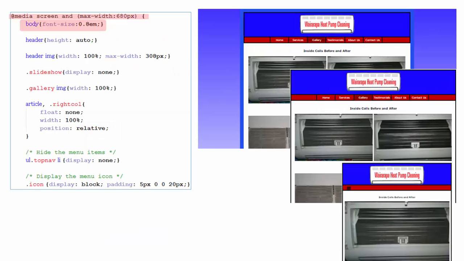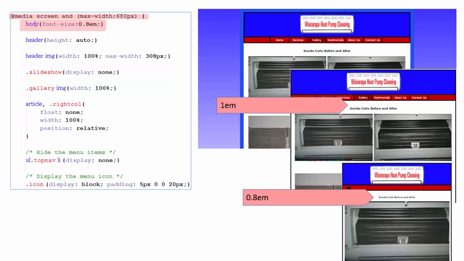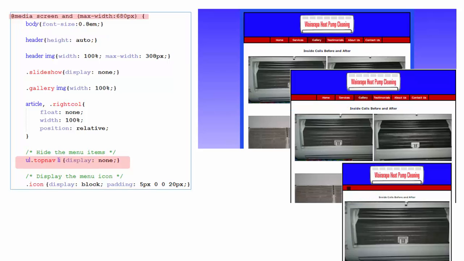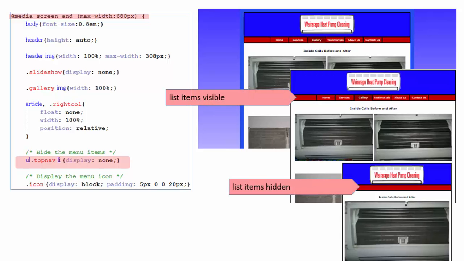Now if we look at that media query for the smaller screen size in more detail, first of all the font size you can see has changed from 1em to 0.8em. Then if we look at the top navigation, it's been changed to none. In other words, it's visible in the other versions but not visible in this one, so it's hidden.